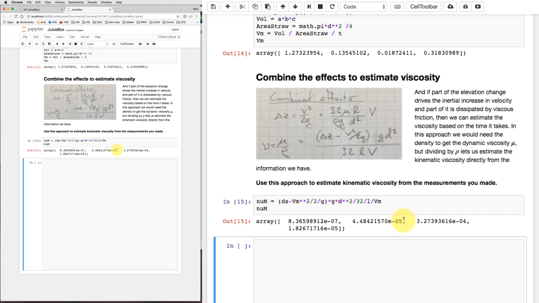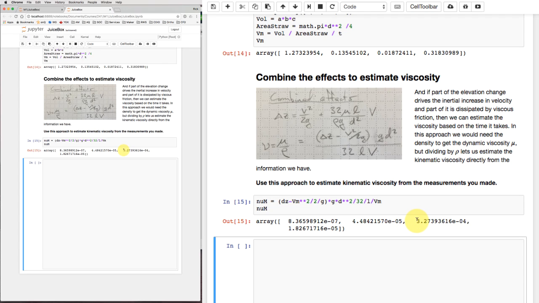For the next one, the canola oil at the regular temperature, I get canola oil having a viscosity of about 4.5 times 10 to the minus 5. That makes it about 40 times more viscous than water.